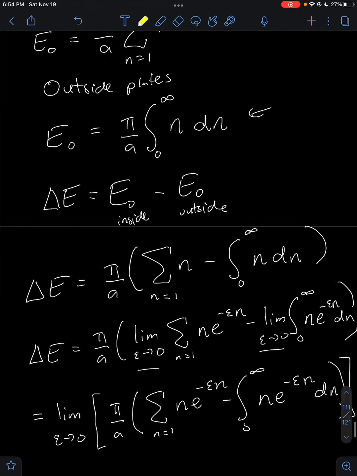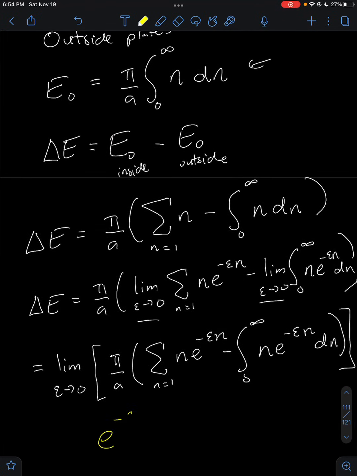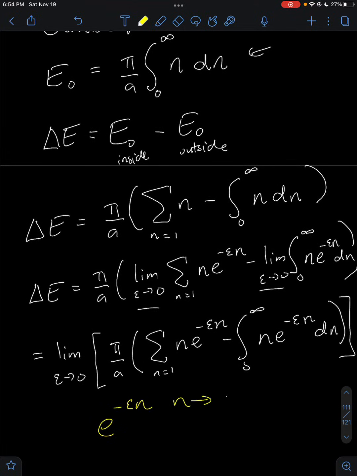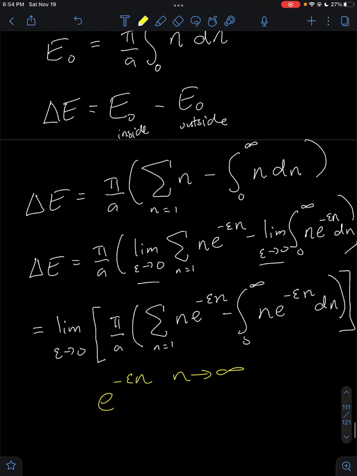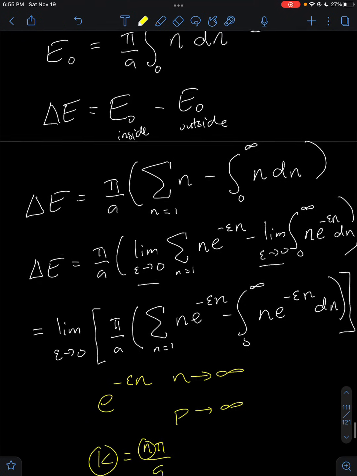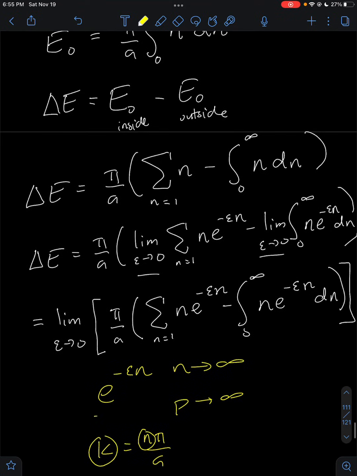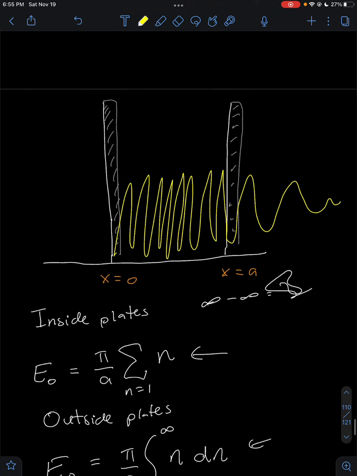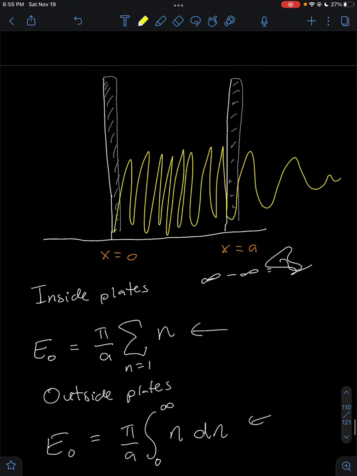So the reason we have this e to the minus epsilon n here is that n approaching infinity corresponds to high enough momenta, since the momentum is n pi over A, so as n approaches infinity, k approaches infinity. This means that if we have high enough momenta, this term goes to 0, so we aren't factoring in the fields that leave the plates. We shouldn't factor in the fields that leave the plate.